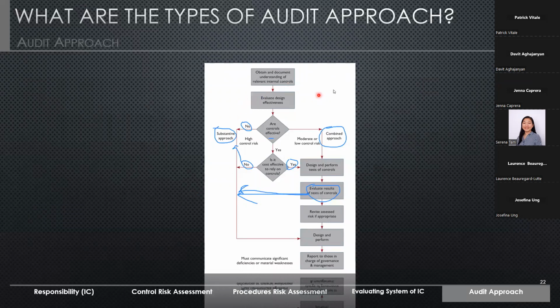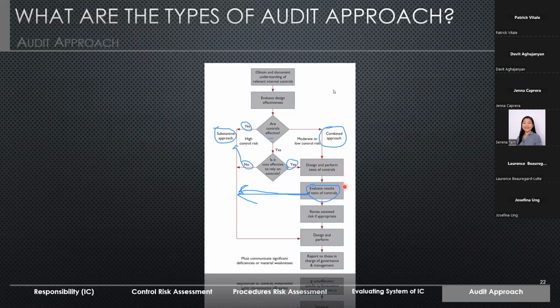So if you look at here, this is how you would go with it. Obtain documents, evaluate. Are controls effective? If it's no, boom, you go to substantive. Otherwise, you go to combined, right? Because combined would save you more time. Then you go through each one of these, right? Design and perform test of controls. Let's say it's good.